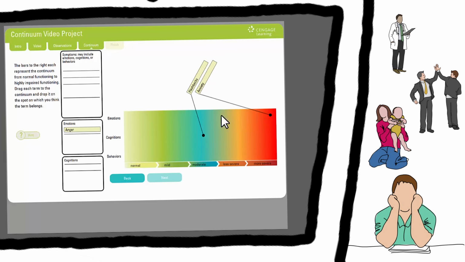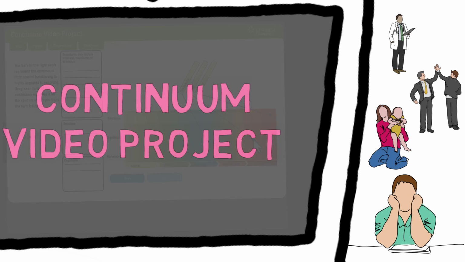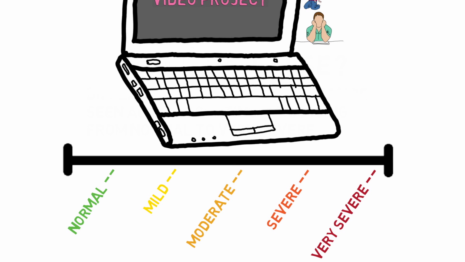You will then place these on a continuum of functioning and submit your analysis to the gradebook. These exercises will illustrate how different mental disorders can be seen along a continuum of normal, mild, moderate, severe, and very severe, as well as giving you the opportunity to see the human aspect of disorders.